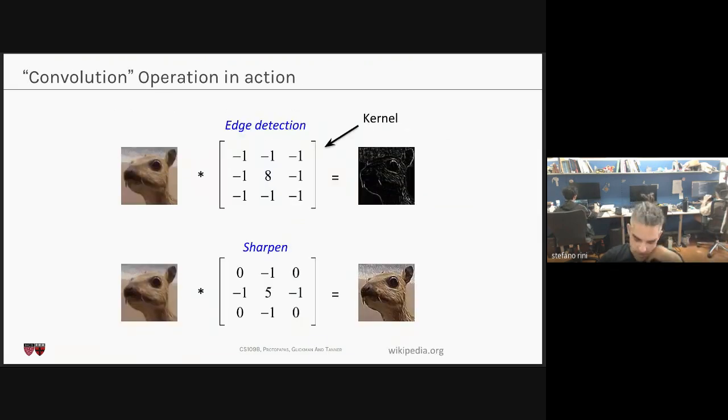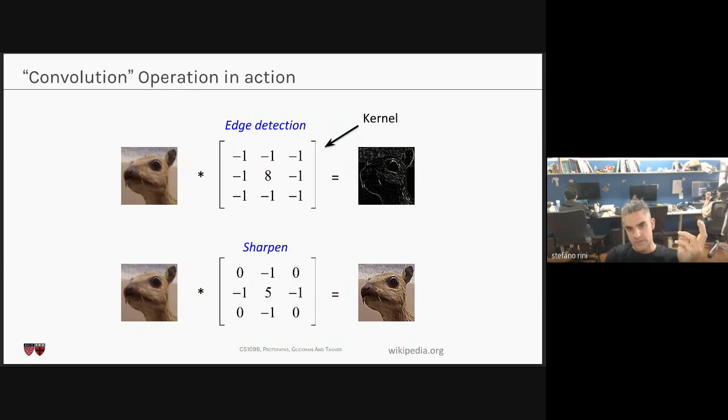Going back a little bit to the history: before there was machine learning, people in image processing already understood that convolution was a very important operation because it could be used to extract particular features of an image that corresponded to some semantic meaning.